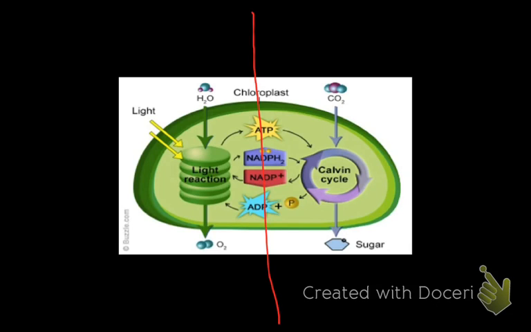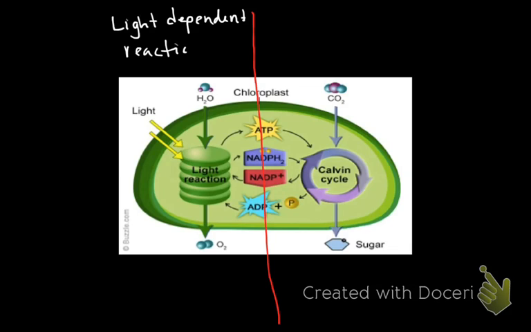We split this chloroplast, because this is a chloroplast, in two, and we said that photosynthesis actually happens in two reactions. The first one is called light dependent reactions.